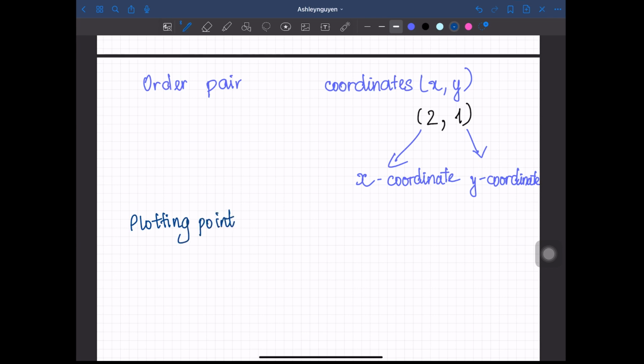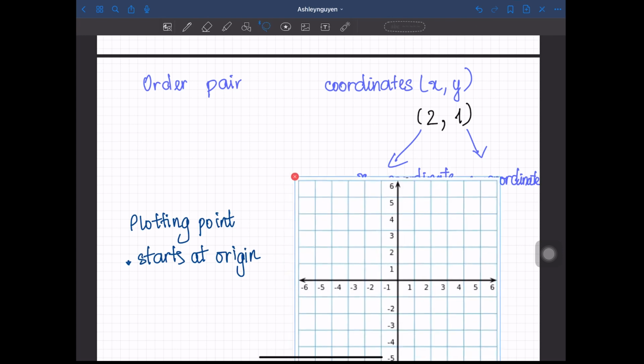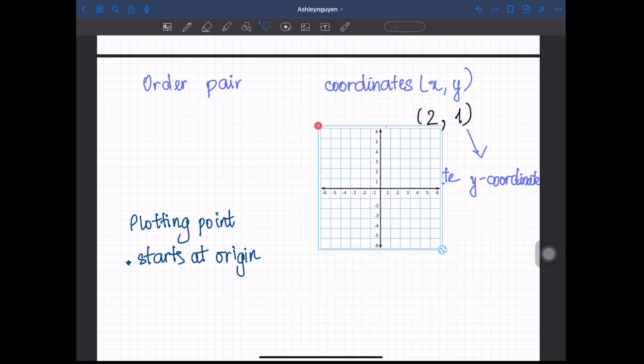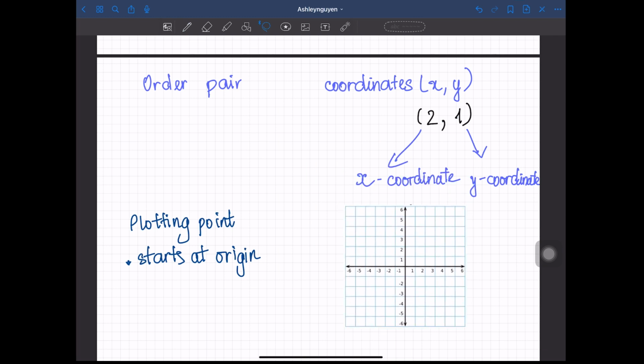How to plot a point? Firstly, we always start at the origin. I have one Cartesian plane. I will start at the origin here, 0.